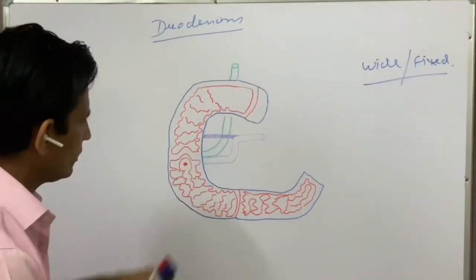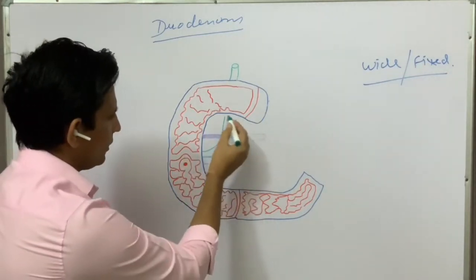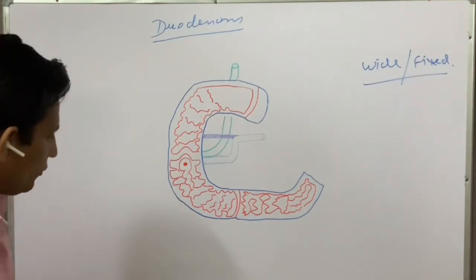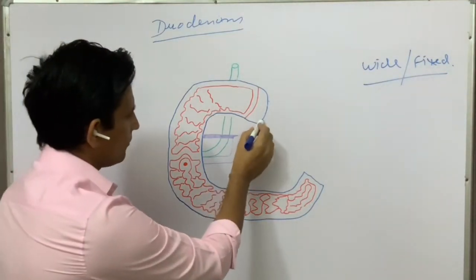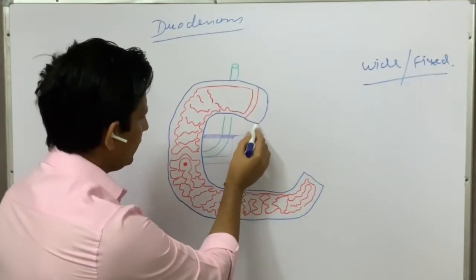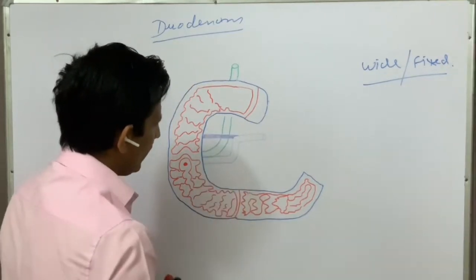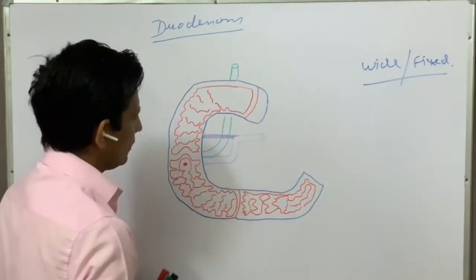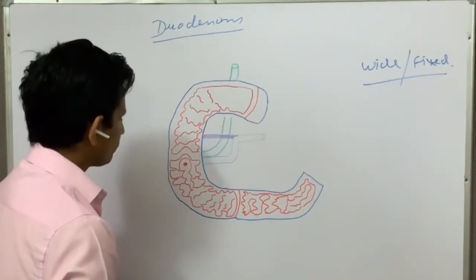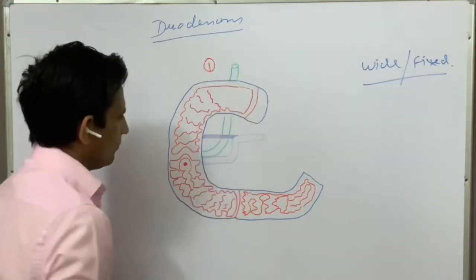Let us start some anatomical importance of this structure. So this whole structure can be divided into four parts, right? One part starts right after the pylorus, then it runs to the right side and upward. This is the first part of the duodenum, right?